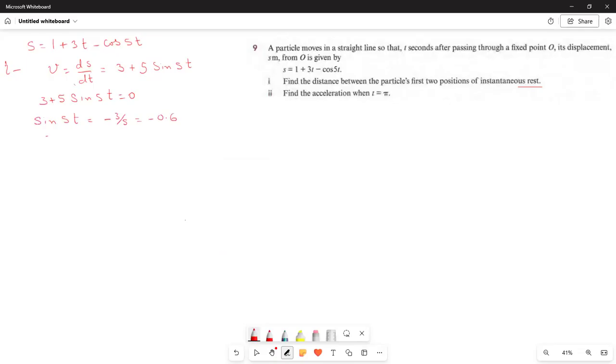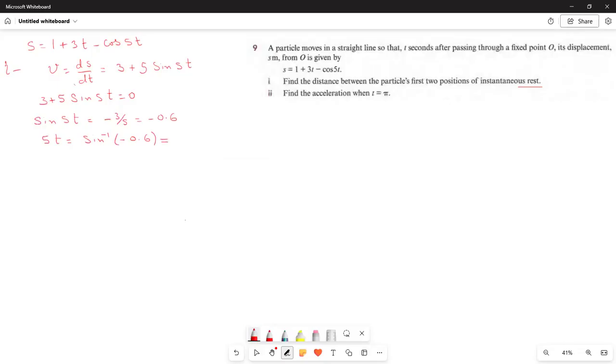So 5t would be equal to sine inverse of minus 0.6. If you check this in the calculator, you will get the answer.